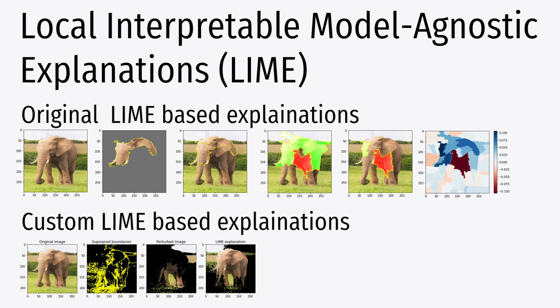The second example was a custom LIME-based explanation: how the superpixel image is created, then the perturbed image is drawn based on the superpixel image, and finally the specific areas within the image that were responsible for certain predictions. So both examples were helpful for you to learn how you could use LIME to trust your model.